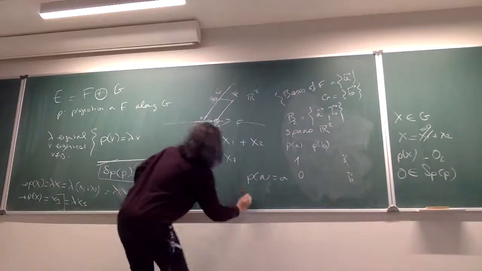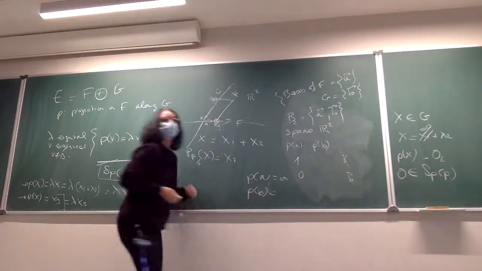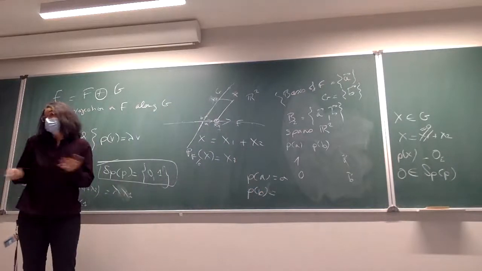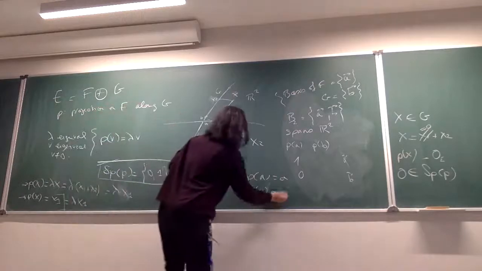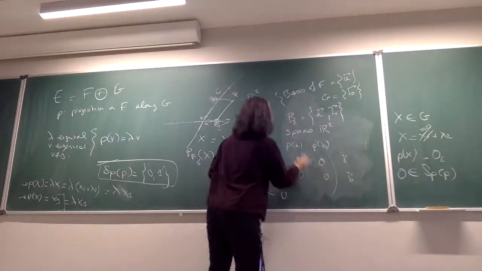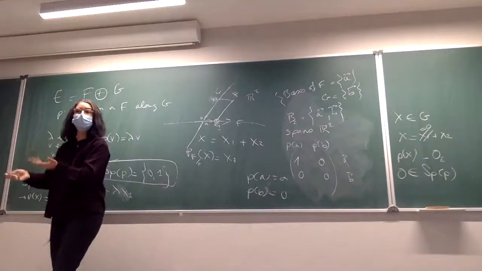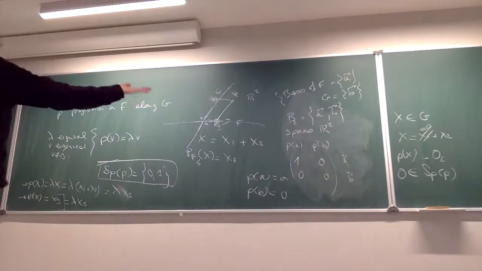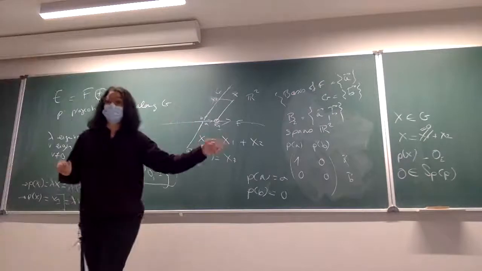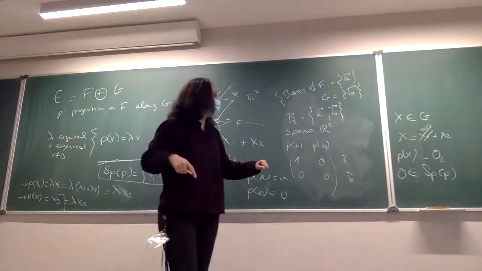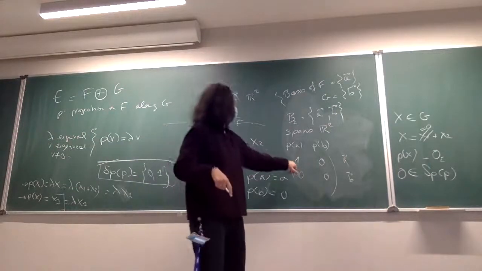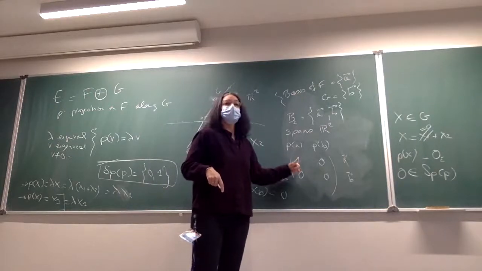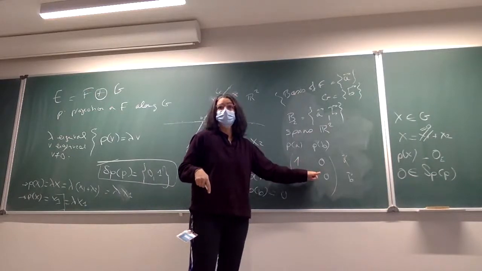P of B. 0. Okay? So it's 0 and 0. So that's the matrix of the projection in this adapted basis. And here, as it's a diagonal matrix, well, we could show like we did during first semester, as it's a diagonal matrix, it's unique.